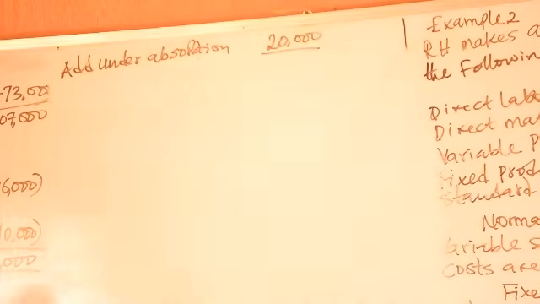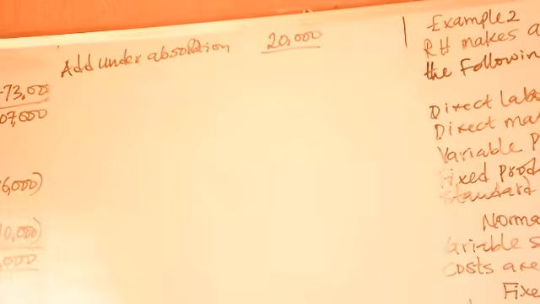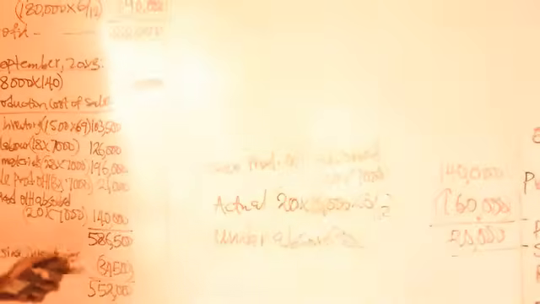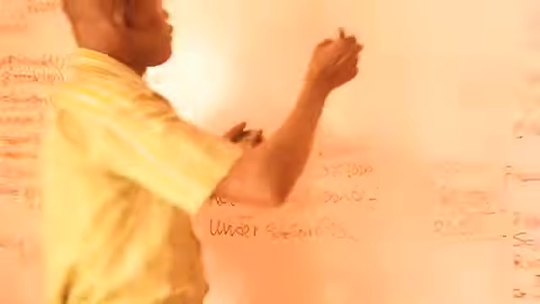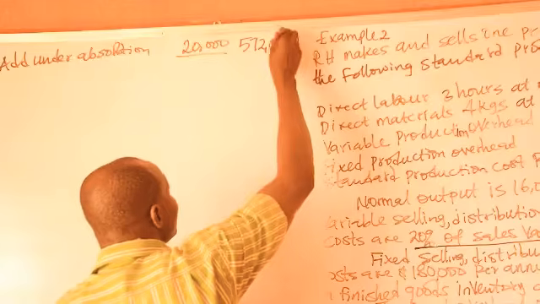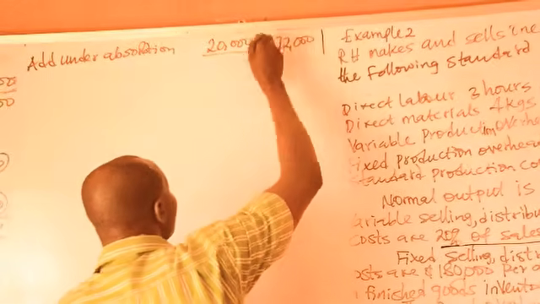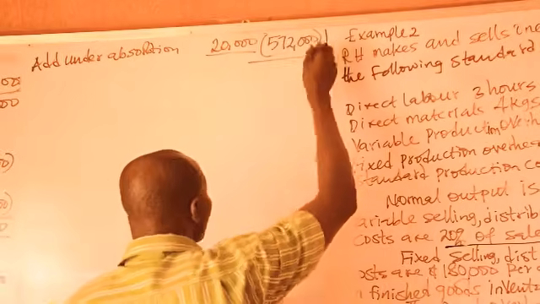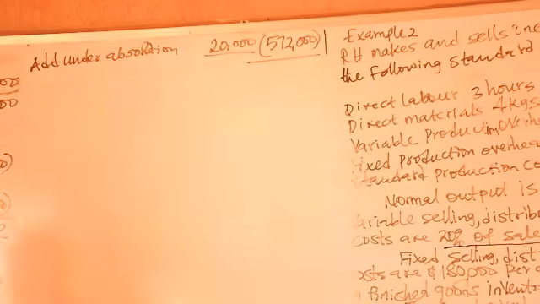When you add the $20,000 to the $552,000 we have here, then you have a total of $572,000. The $572,000 is our cost of sales.